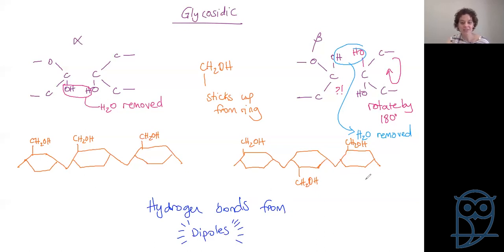Every time we have an OH, we have a dipole. We have the potential for hydrogen bonding. And that then starts to make a key difference here. Okay, so let us now think of how this is going to translate further into impacting our structure and our function.